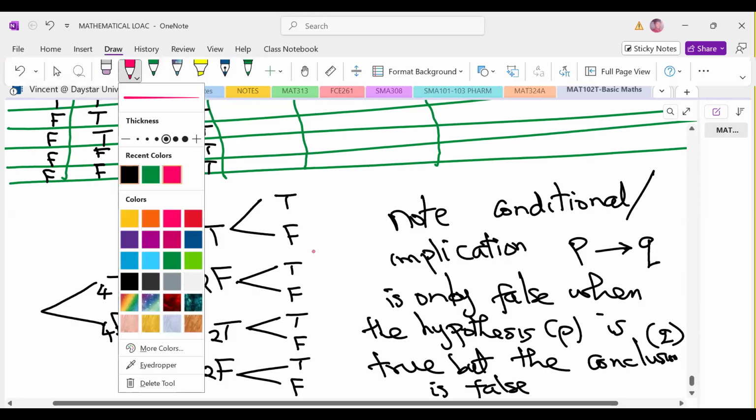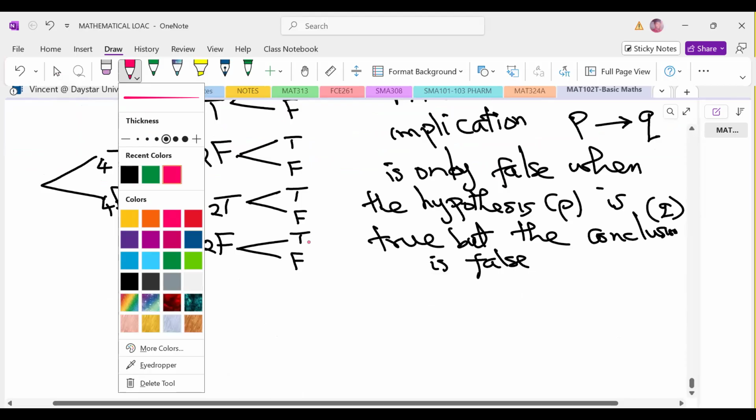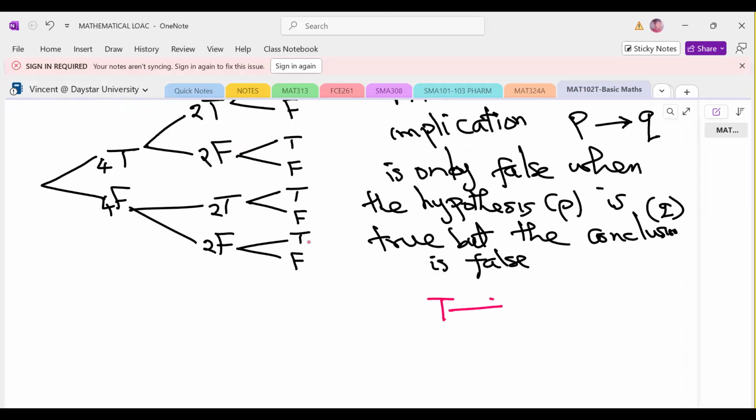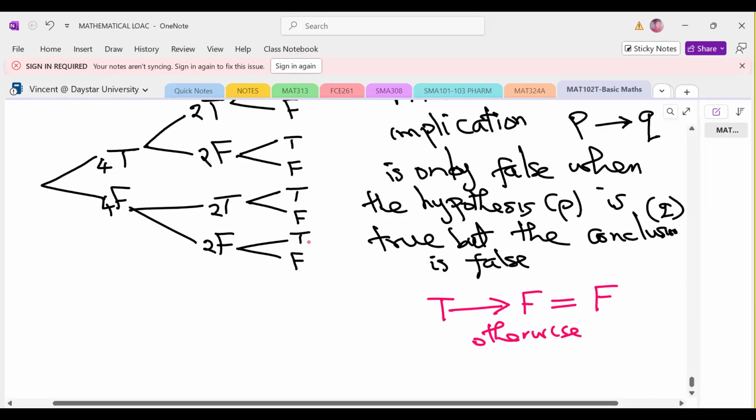If the structure is you are starting with a T value, then it is giving you an F value, now there you put F. Otherwise, you put true. Do you see?